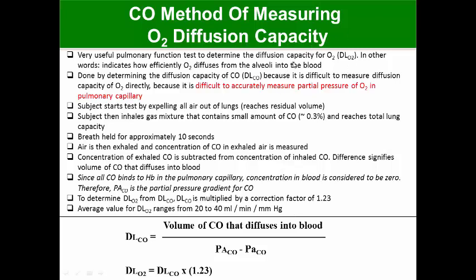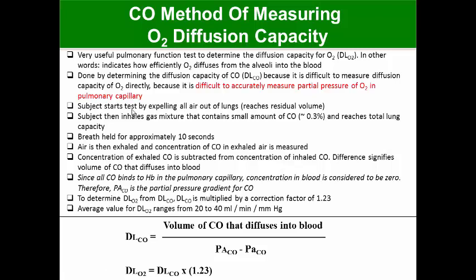It is difficult to measure the diffusion capacity of oxygen directly. So what we do, we measure the diffusion capacity for carbon monoxide, then we use this to calculate the diffusion capacity for oxygen. So how do we measure the diffusion capacity for carbon monoxide? The subject starts the test by expiring all the air out of the lungs.